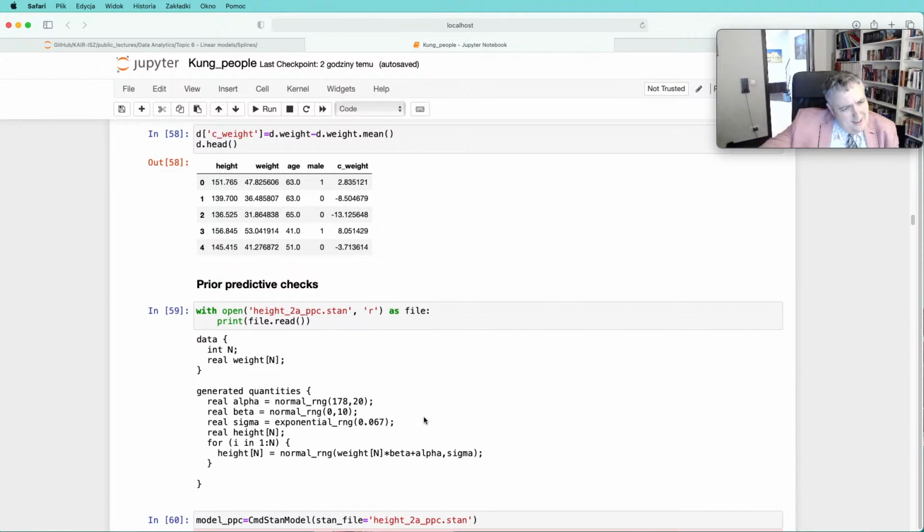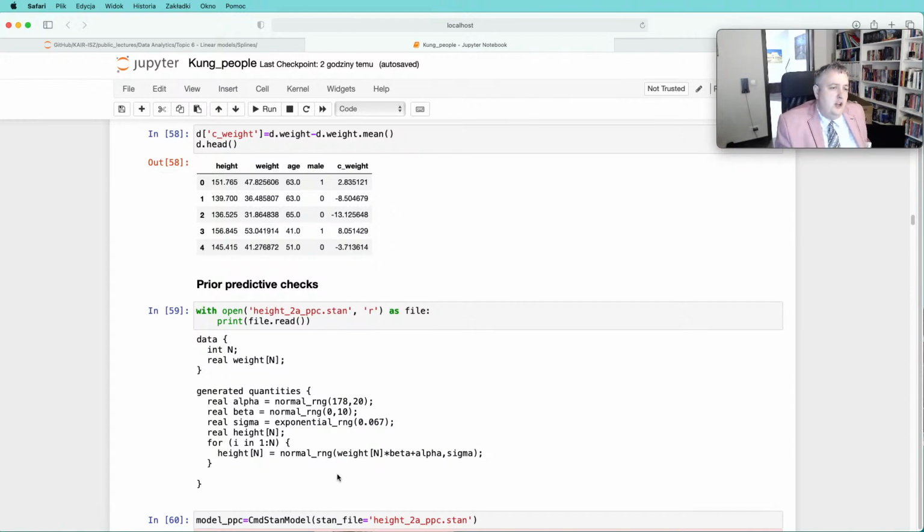So this situation is very, very similar to the previous one. We have the normal distribution of parameters. We have the exponential distribution of uncertainty. And in our case, we sample from our normal distribution n times, because for each predictor of weight, we are predicting the height.